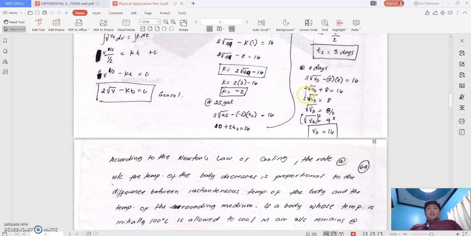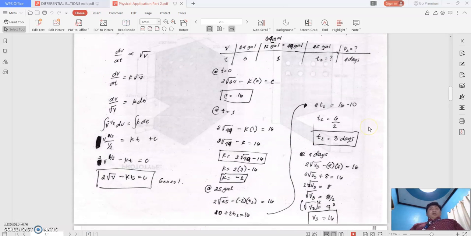Then 8 divided by 2, you have 4. Then, to get the square root, you square both sides: the square root of V sub 3 equals 4 squared, so this becomes 16. The square root is cancelled by the square. Therefore, your V sub 3 is equivalent to 16 gallons. Sorry, I forgot to write the gallons here. So this is 16 gallons of water remaining at 4 days.